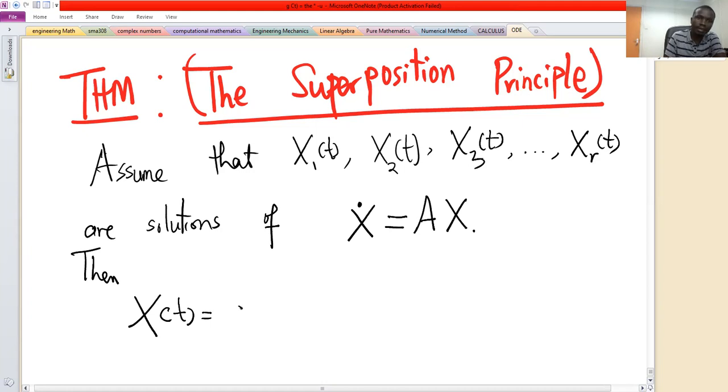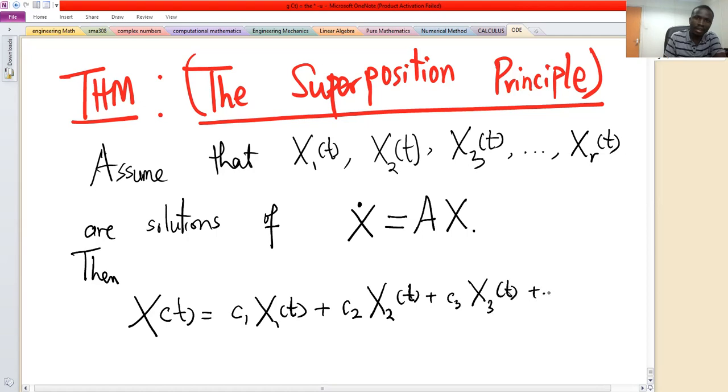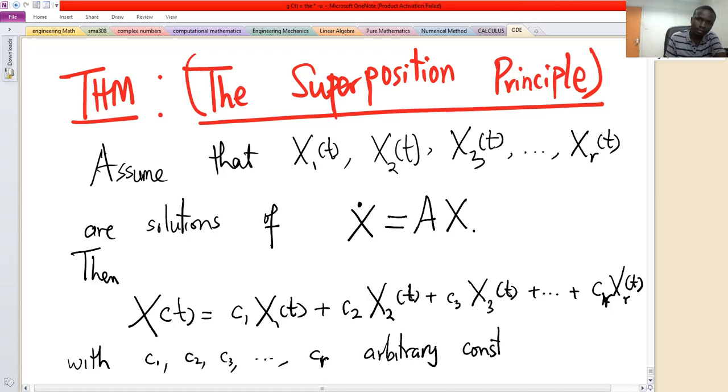So x of t is given by c1 x1 of t plus c2 x2 of t plus c3 x3 of t up to plus c r x r of t, with c1, c2, c3 up to c r arbitrary constants, is a solution.